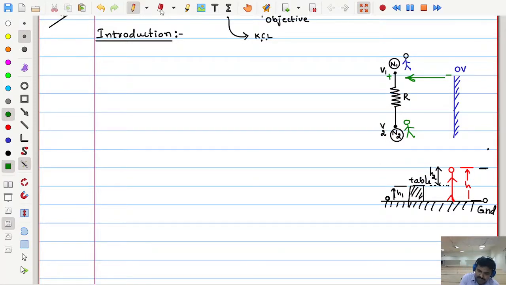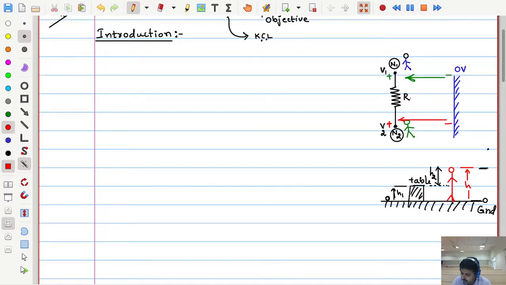Next is the second person. The second person is at a height of V2 from where? From the same reference, which is of 0. From there he has grown to a height of V2. Like this, in a circuit we can take different nodes, where N1 and N2 are the nodes between which some element of value R is connected.